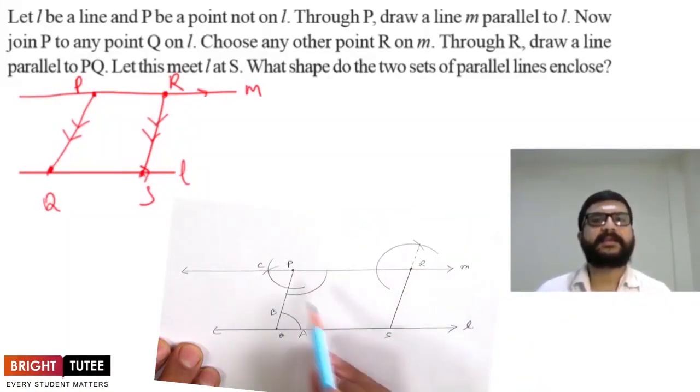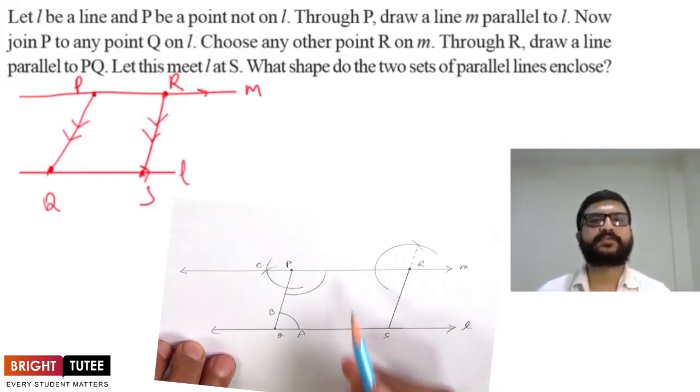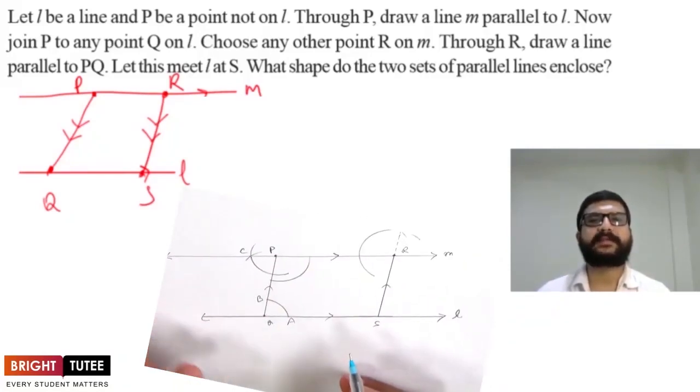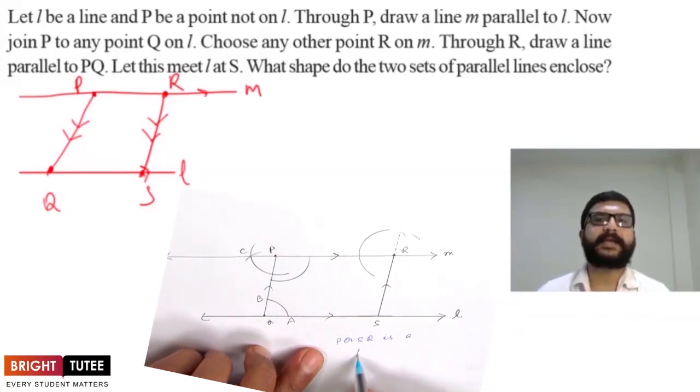Now we have to tell the shape of this figure which is enclosed by these two sets of parallel lines. So here we have two parallel lines, that is line M is parallel to line L and PQ is parallel to RS. So here opposite sides are parallel, therefore it is a parallelogram.